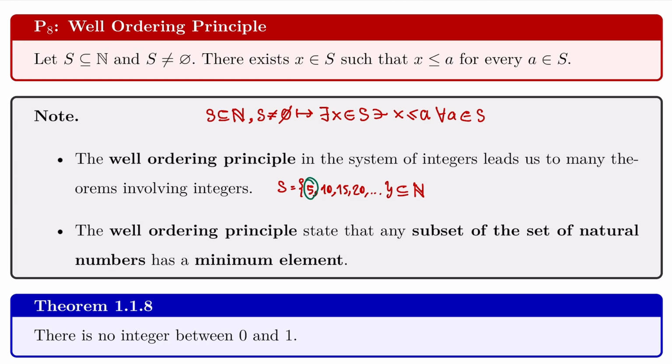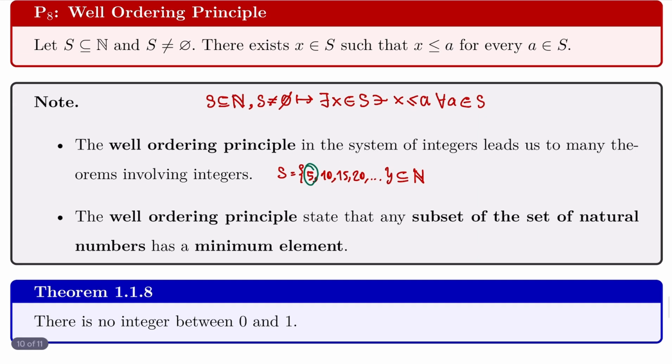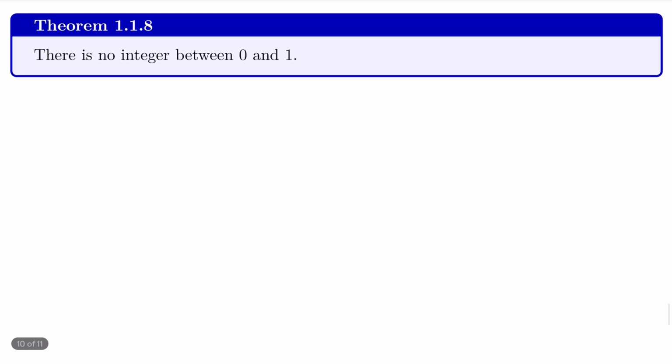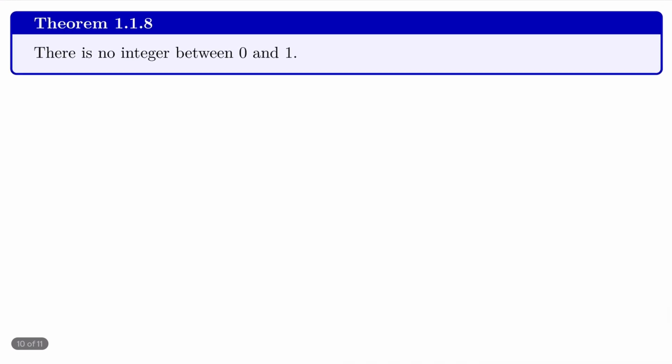Now we will use the well ordering principle to prove the following theorem: there is no integer between 0 and 1. It is well known that there is no integer between 0 and 1, but we are going to prove it by using the well ordering principle. How can we prove it?